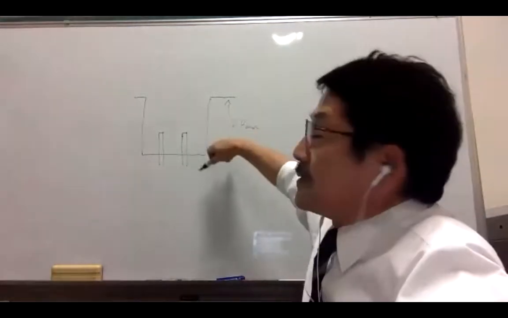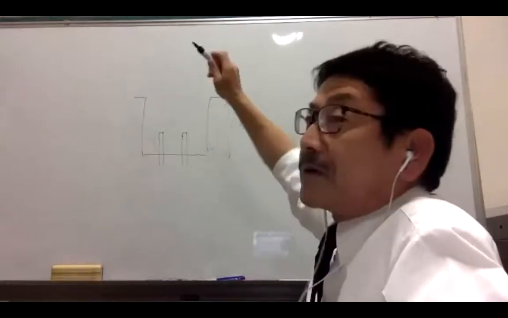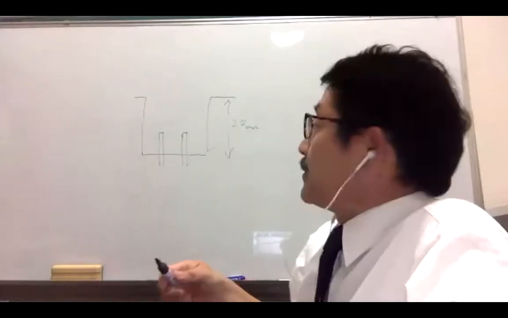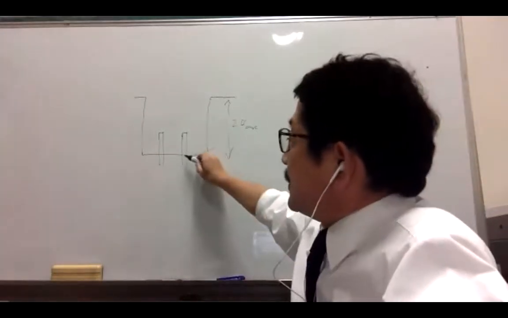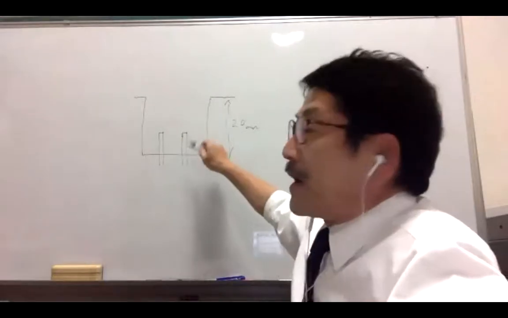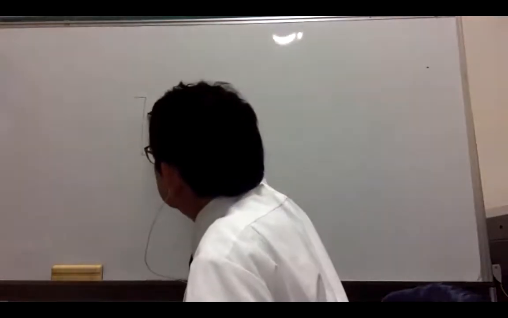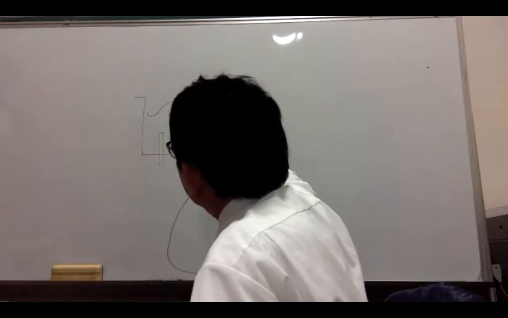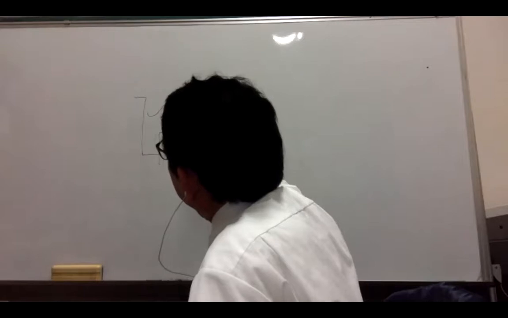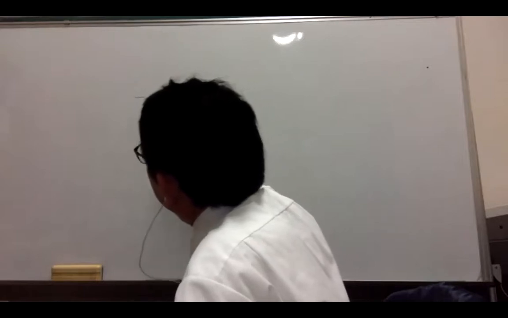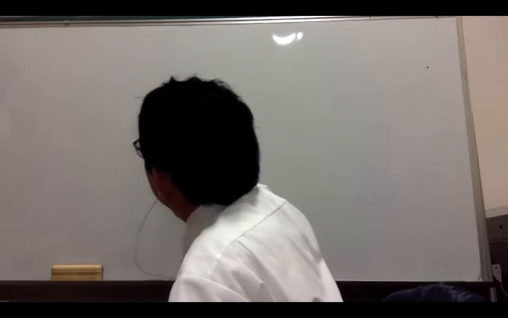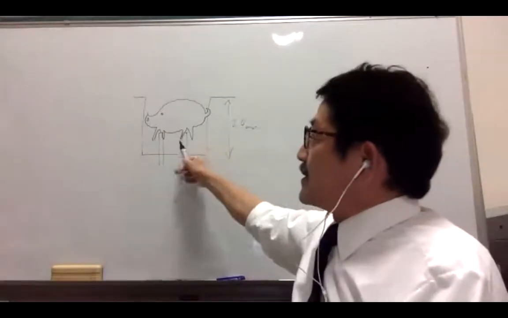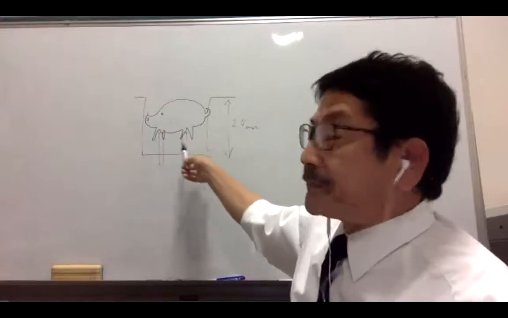So they would just escape from the pit by jumping. They're a strong, wild animal. But if you install this kind of post, when a wild boar falls into the pit, it's stuck right there.